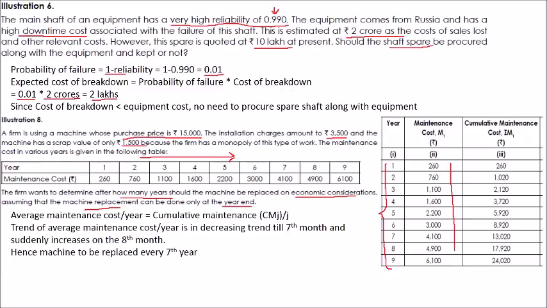I'm finding the cumulative maintenance cost, which I name CM. The average maintenance cost per year is nothing but the cumulative maintenance cost for every year divided by the respective year.